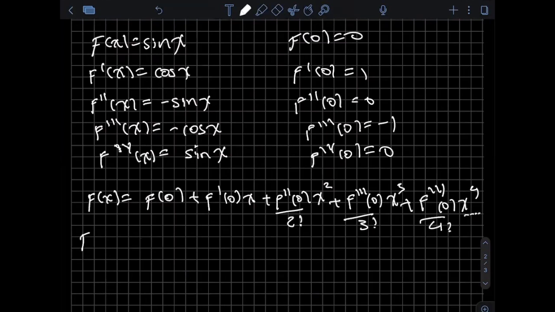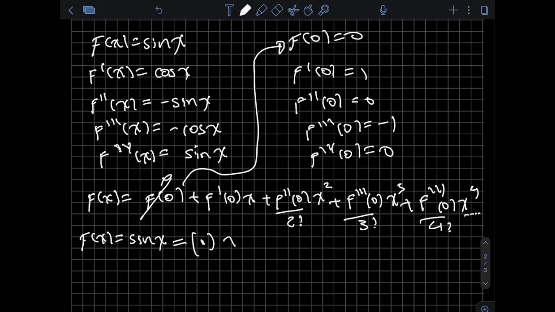So for f of x equal to sine x, f of 0 is 0 because, as you can see, it's 0 in here. So I don't need to write it. And f prime of 0 is 1 times x plus f double prime of 0 is 0 in here. So I don't need to write it. Plus f triple prime of 0 is negative 1. So I'm going to put negative 1 times x cubed over 3 factorial.